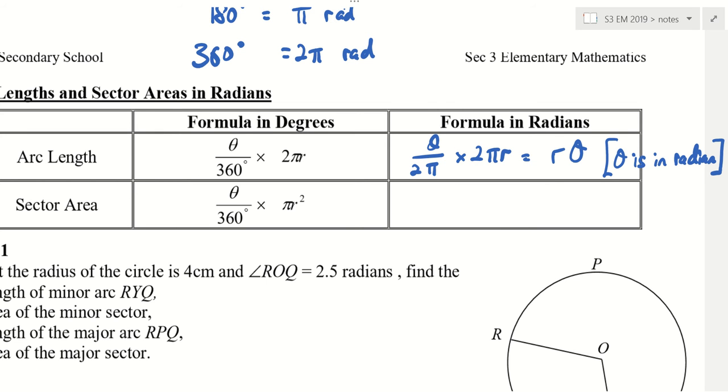Now the next one. Sure. So let's try. This one will be theta over 2 pi times pi r squared. If I cancel, what do I get? Half r squared theta.